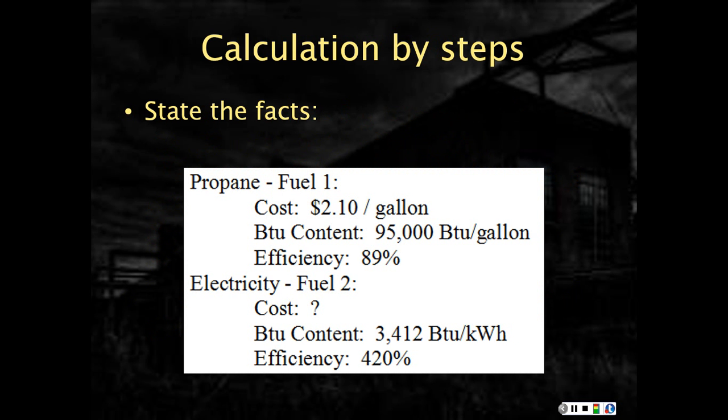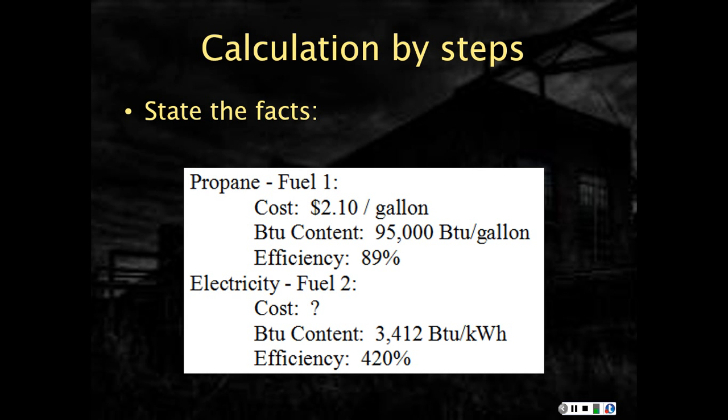So again, state the facts. In this case, we know the customer's already using a propane furnace. They're paying $2.10 a gallon for the propane. The BTU content is 95,000 BTUs per gallon, and the overall system efficiency is 89%. What we need to know is what the electrical cost has to be where it actually is equivalent to the propane.